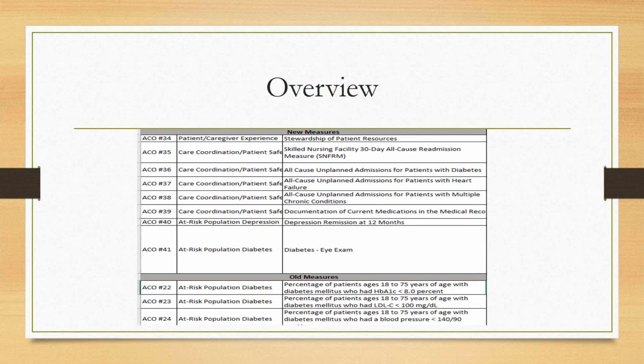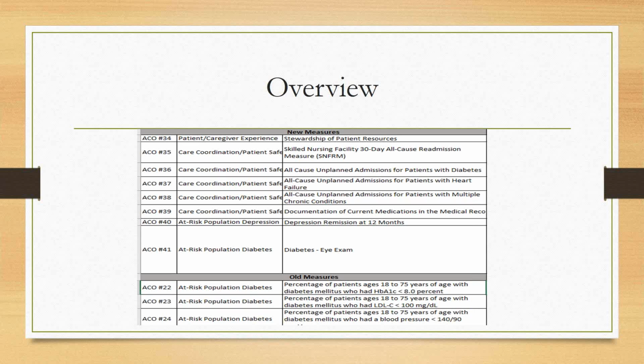Next slide, please. There we go. Okay. So first of all, this is just a quick overview of what the new measures are, and then what the old measures that went away. I have listed out on the top of this the new measures.